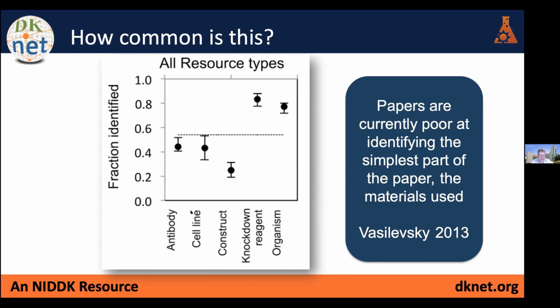For antibodies, cell lines, constructs, you were basically lower than 50% able to correctly identify what was actually used in a research publication, and that is critical if you're trying to reproduce the work or use that antibody or cell line in further research that you're interested in.